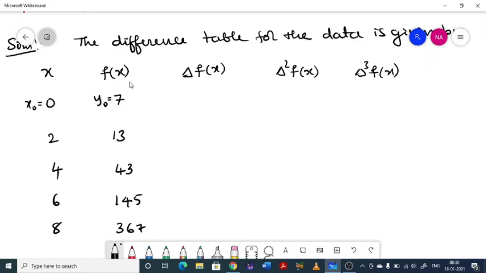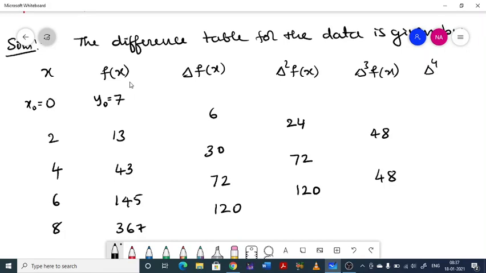And the differences are here 6, 30, 102, 222. Next, second differences are 24, 72, 120. Third differences are 48, 48. Fourth differences are 0. Then you can write or you can leave, no problem.